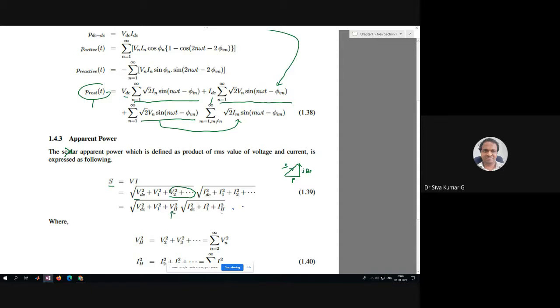All the harmonics other than the fundamental and DC can be represented by VH, and similarly the current also. You can write VH square is equal to V2 square plus V3 square and so on, or the sum from n equal to 2 to infinity of Vn square, and IH similarly we can write.